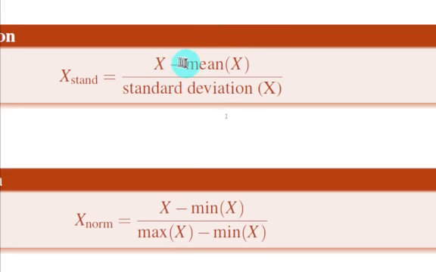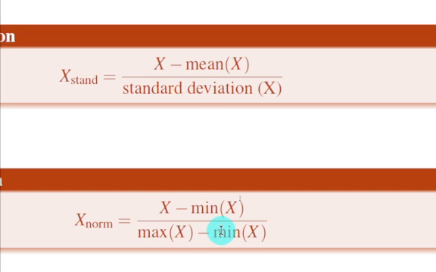We compute the mean value for each variable, subtract it from the data point, and divide everything by the standard deviation of the variable. Whereas with normalization, we compute the minimum value for the variable, subtract it from the data point, and divide it by the range of the variable, which is the maximum value minus the minimum value.